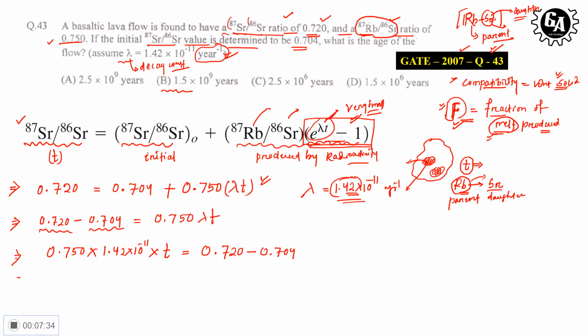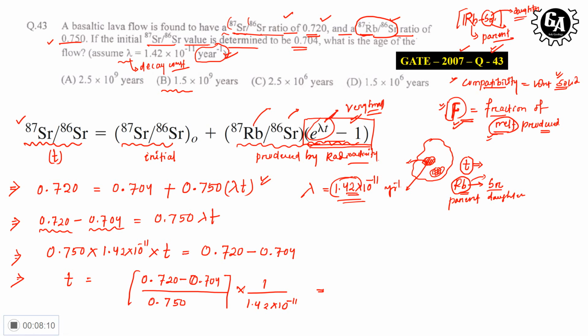That implies the time t is equal to 0.720 minus 0.704 divided by 0.750, you just calculate this first, into 1 by 1.42 into 10 to the power minus 11, or the same thing, no problem. So if we simplify this, what will be the answer?